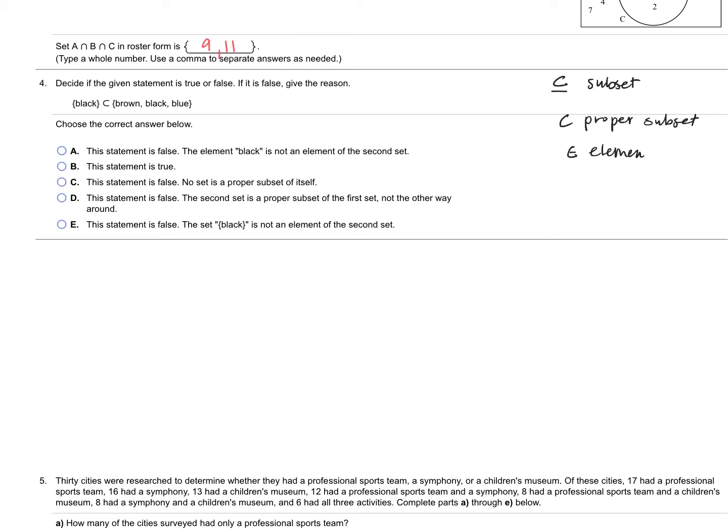That means it's an element of, okay? So black is contained in the second set. The first set is smaller than the second set, and the first set doesn't have anything that the second set doesn't. So this is actually a true statement. So we would choose choice B. This statement is true.